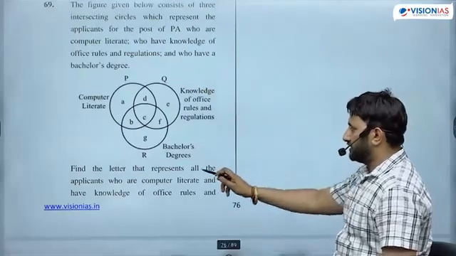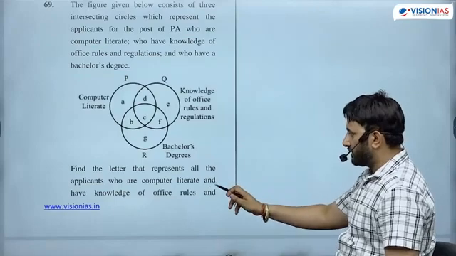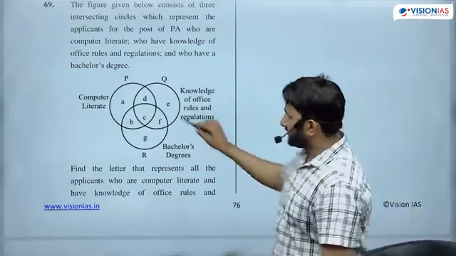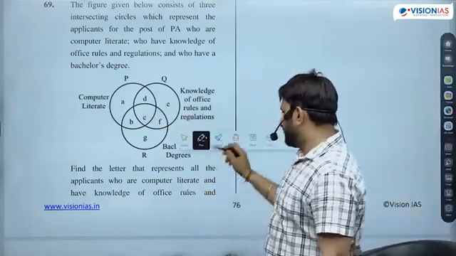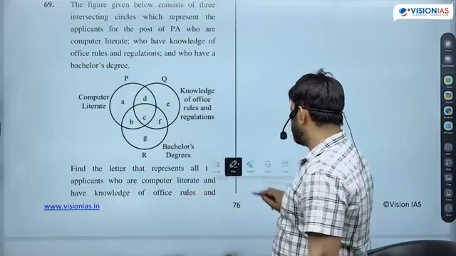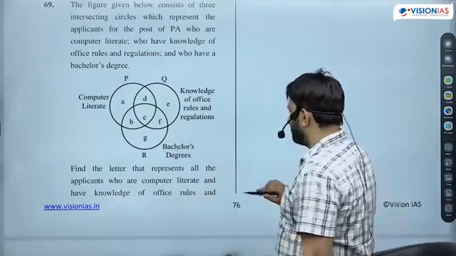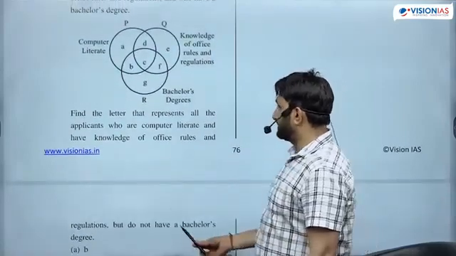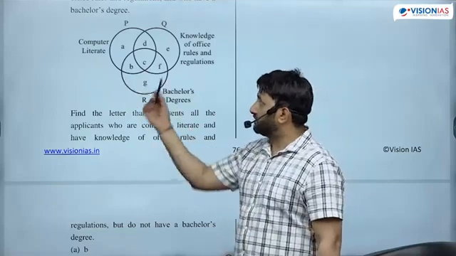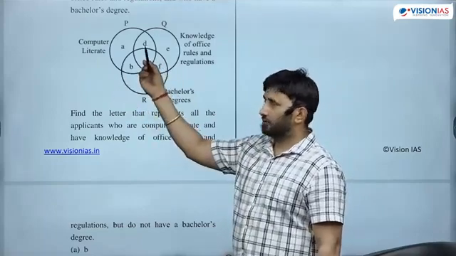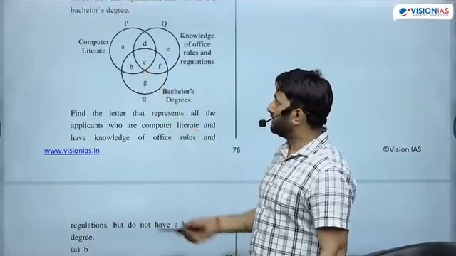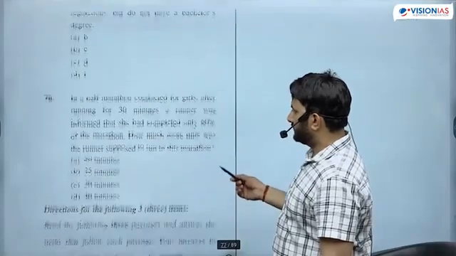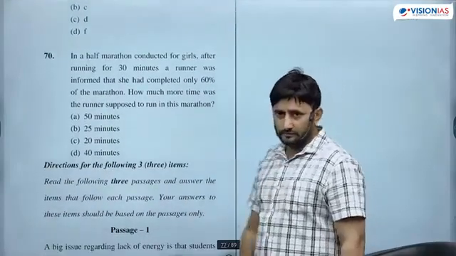Find the letter which represents all the applicants who are computer literate and have the knowledge of office rules and regulations but do not have a bachelor's degree. बैचलर डिग्री नहीं होनी चाहिए, इससे बाहर होना चाहिए और इन दोनों में कॉमन होना चाहिए, दैट इज डी ना, डी इज द कॉमन रीजन. हाँ, easiest of all. This one also very easy.